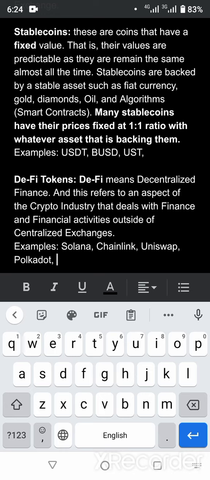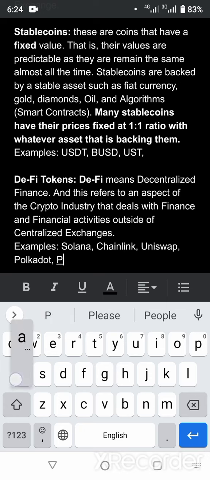Now, DeFi tokens, as you now know what decentralized finance is, which are decentralized exchanges, DeFi tokens are the tokens or the coins or means of payment on those DeFi apps and decentralized exchanges. There's Uniswap, there's PancakeSwap.